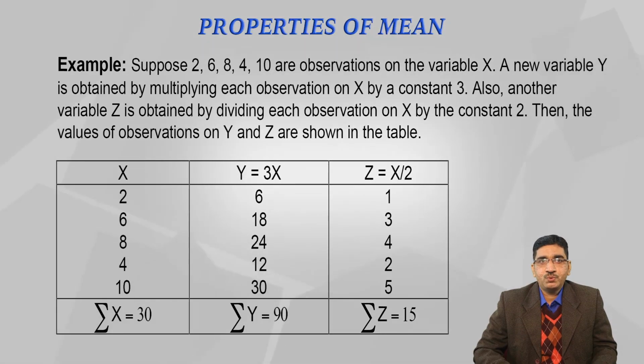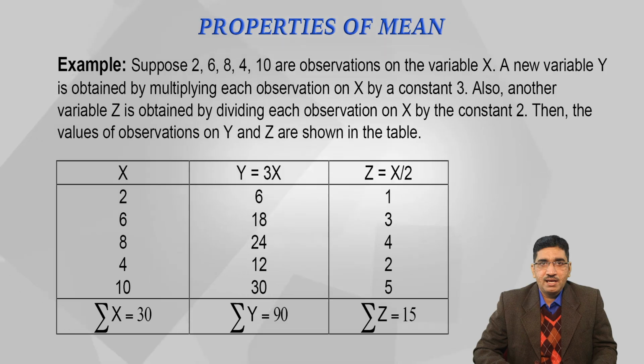Suppose 2, 6, 8, 4 and 10 are the values of the x variable and the sum of all the x values is 30. Now if we obtain the new variable y by multiplying all the values of the x variable by a constant 3, then the values of y become 6, 18, 24, 12 and 30 and the sum of all the y values is 90.